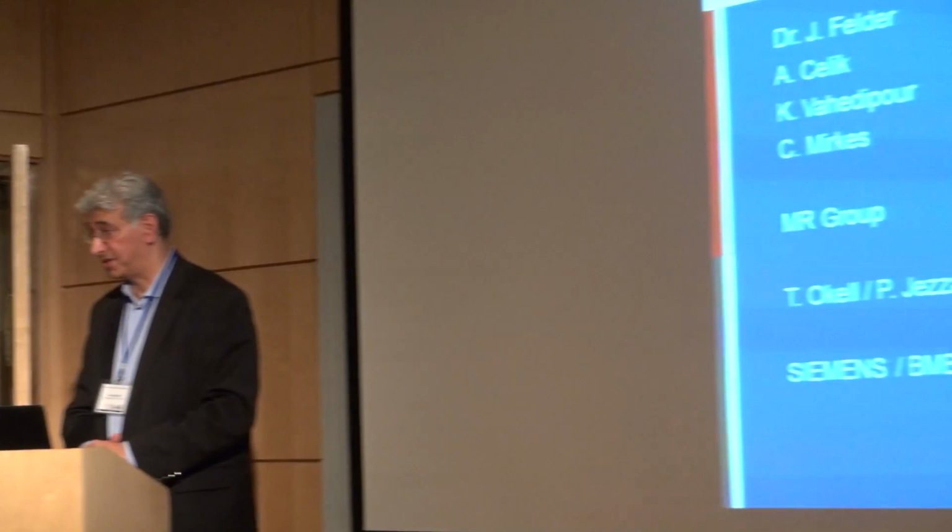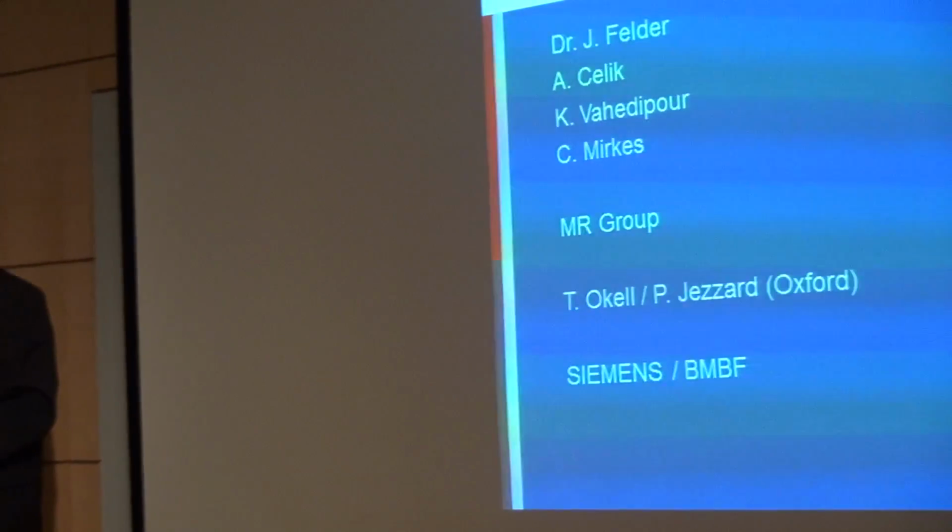And then there's the other block, which is RF coils and the pulse sequences. We've done that part. And then, of course, the integration of the PET insert into the environment. I think I didn't mention it on my previous slide, Siemens and BMBF, the Federal Ministry of Education and Research. They funded the scanner.